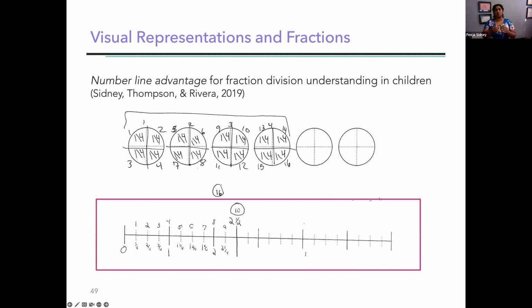In my own prior work with kids, I've shown that children are also better able to represent the conceptual structure of fraction division when they're asked to do so on a number line as compared to circles or no visual representation at all. So given that we know from prior research that number line representations support whole number magnitude understanding, and they support fraction magnitude understanding and fraction division understanding, I wondered whether number line representations might actually better support transfer from whole number to fraction concepts.